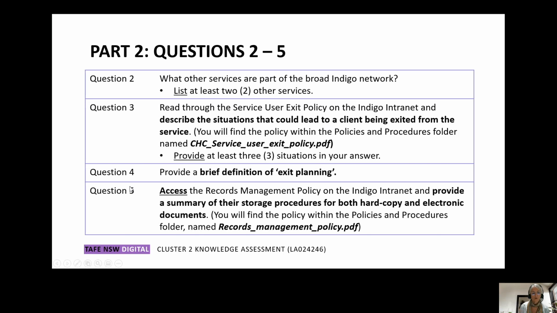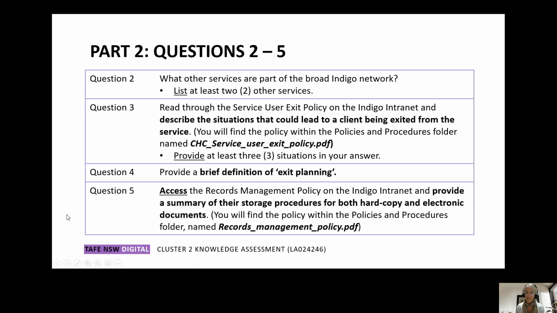Question 4, straightforward, read about exit planning and then just provide a definition. You know, a definition of what exit planning is, and describe exit planning. And then question 5, you just need to access the records management policy on Indigo. Okay, and it says provide a summary of Indigo's storage procedures for both hard copy and electronic copies.